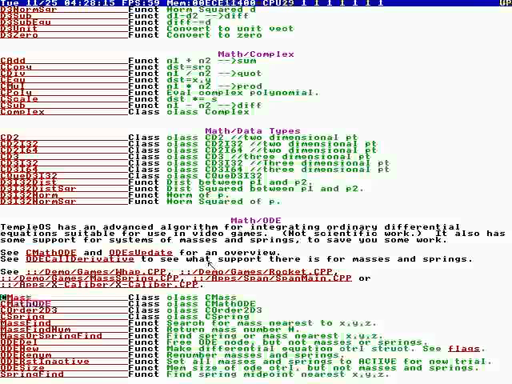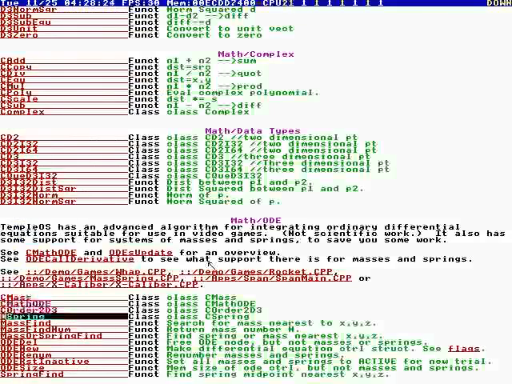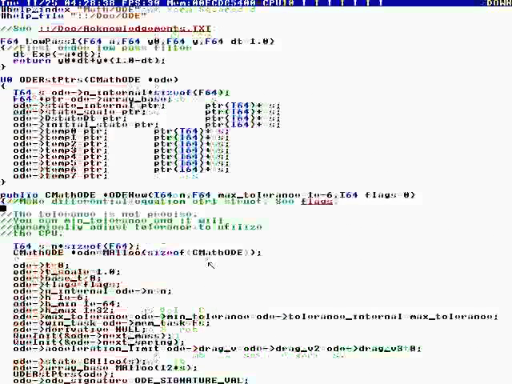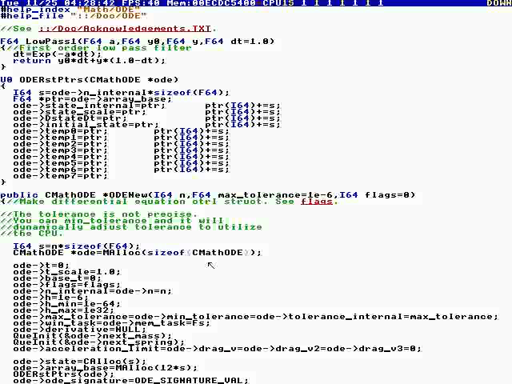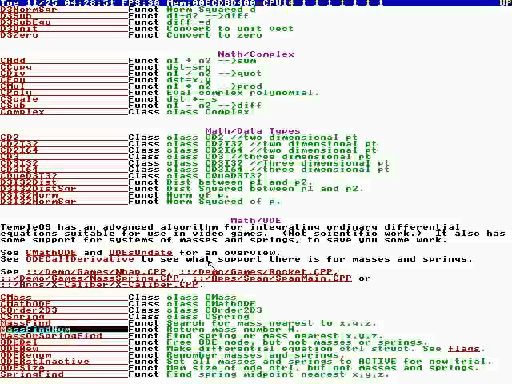Okay, so you have masses and springs. So how am I going to explain this? You call ODE new. That makes a structure that will solve differential equations, and you don't have to make masses or springs, but if you make masses and springs and attach them to that, then it will simulate those.